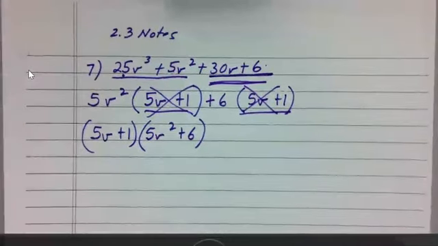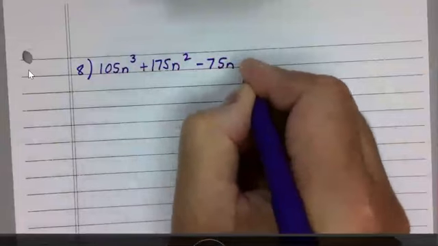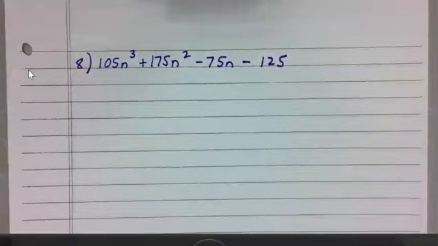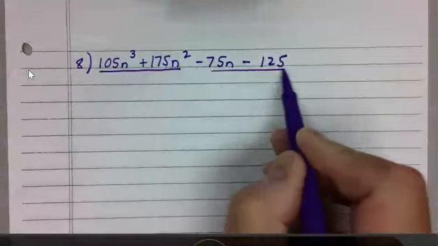Okay, number 8. I have 105n to the third plus 175n squared minus 75n minus 125. So we're going to group these two together, and you're going to group these two together.